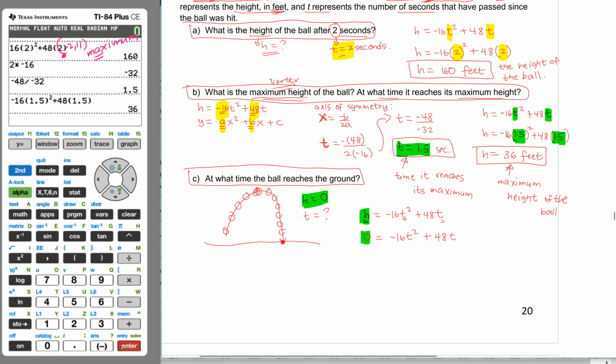We have here the standard form, ax squared plus bx plus c. So in this case, my a is negative 16, my b is 48, and my c is equal to 0.